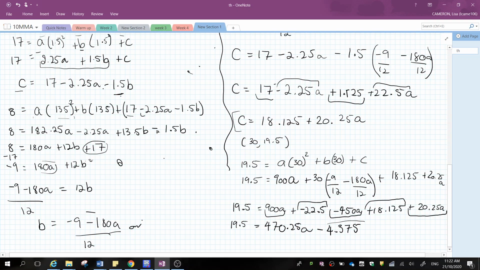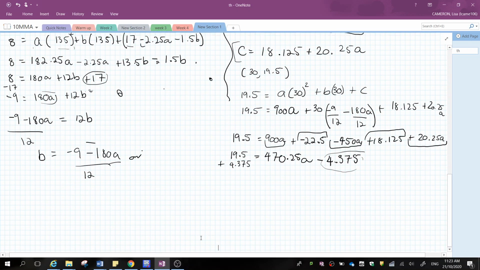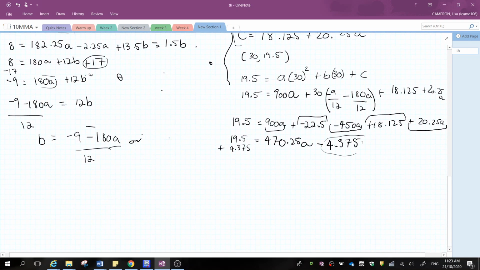And now I can take this to the other side by adding 4.375, which leaves me with, okay, zoom down to give myself some space. Okay, so my A value is going to be 23.875.